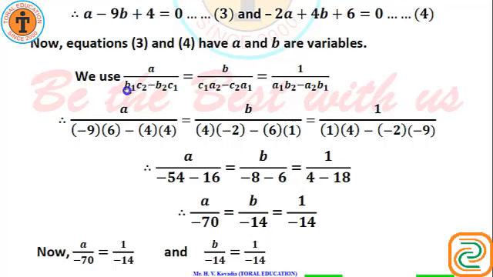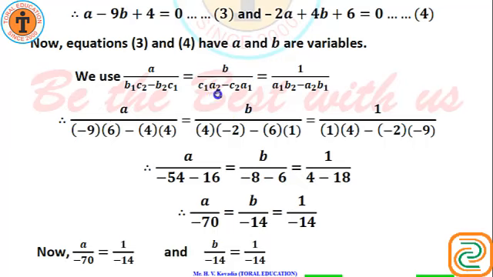What is this? b1 c2, b1 means minus 9, c2 is 6, minus 9 into 6. b2 c1, b2 means 4 and c1 means 4, 4 into 4.